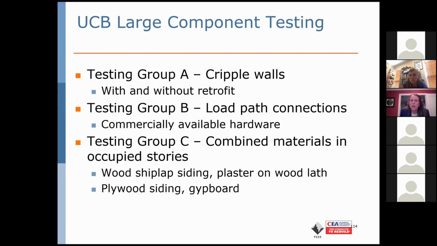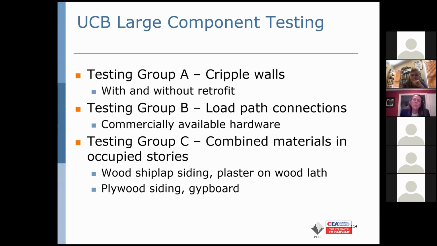And so the testing that happened at UC Berkeley was across a few different types of categories. And so we've got testing group A cripple walls, very much paired with what Tara was talking about at UC San Diego. Testing group B looked at load path connectors and tried to determine whether or not the load path connectors specified in FEMA P1100 could develop the full capacity of the retrofitted cripple wall, and we'll talk about why.